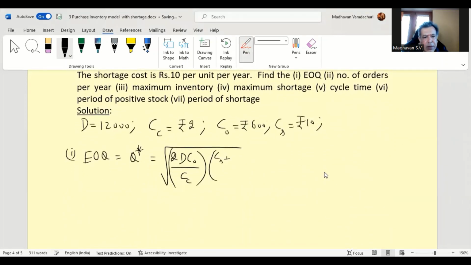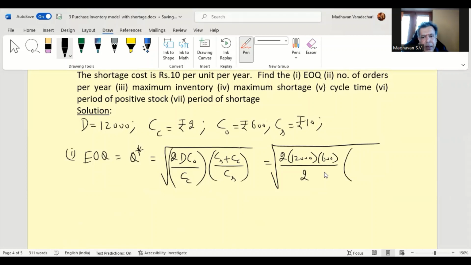We already have that formula. So let us substitute the values. It is 2 times D, which is 12,000, times CO, which is 600, divided by CC, which is 2, and then CS, which is 10, plus CC, which is 2, divided by CS, which is 10.